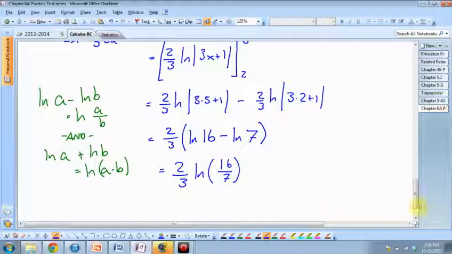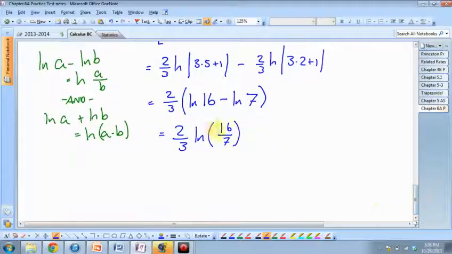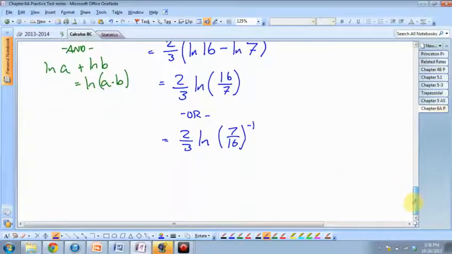Now sometimes people don't like to see this improper fraction here. And if that's the case, then you'll get 2/3 natural log of 7 over 16 to the negative 1 power. That makes this a proper fraction, just with the reciprocal.